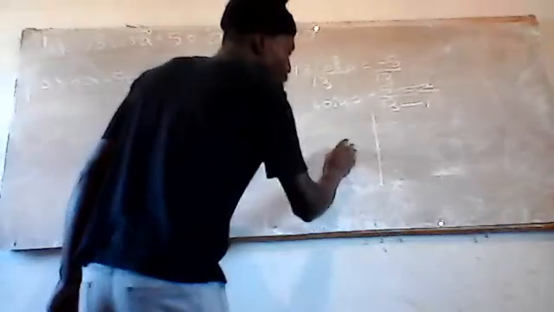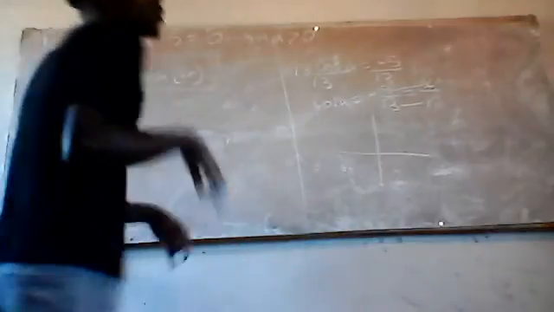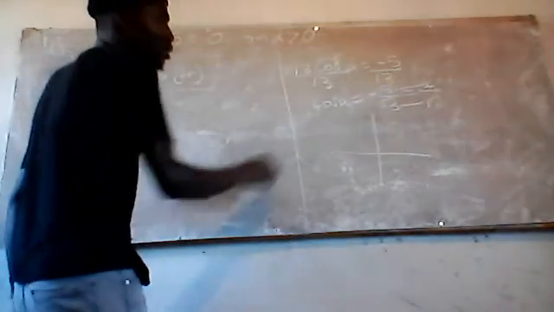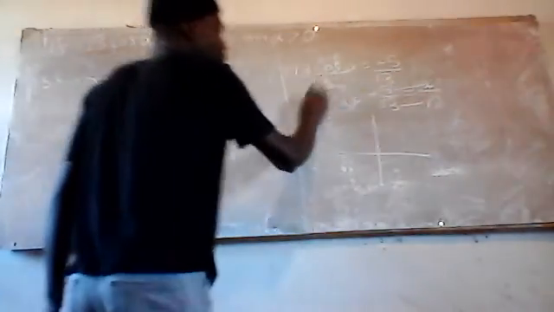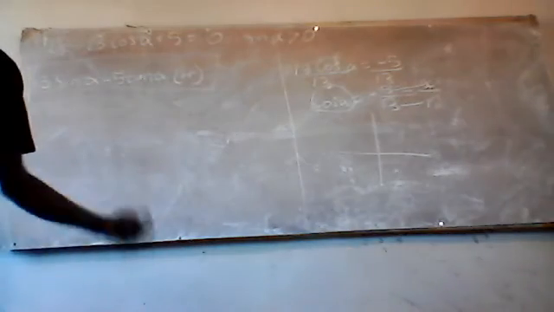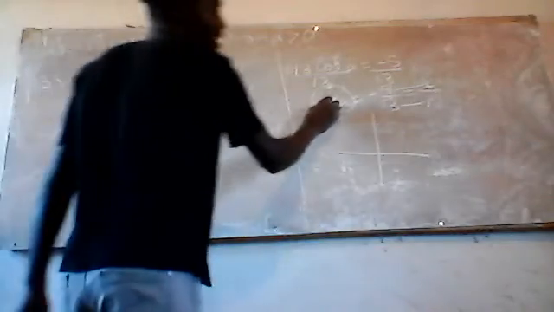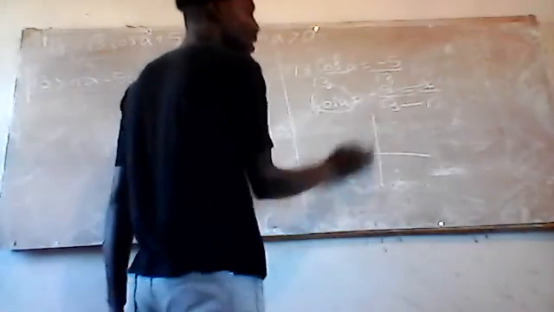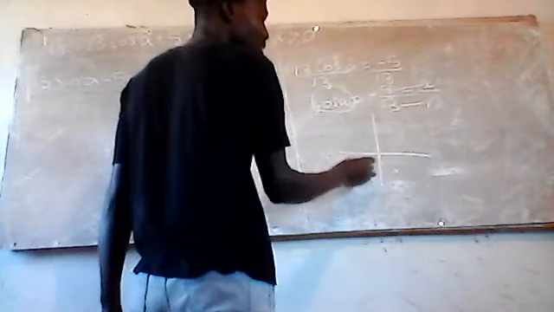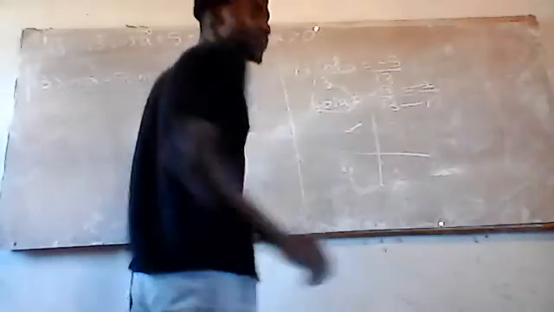We are not sure so far in which quadrant that alpha lies. You can see that my cos of alpha is negative 5 over 13. So firstly, I mark all the quadrants where my cos is negative, for instance, my second quadrant and my third.